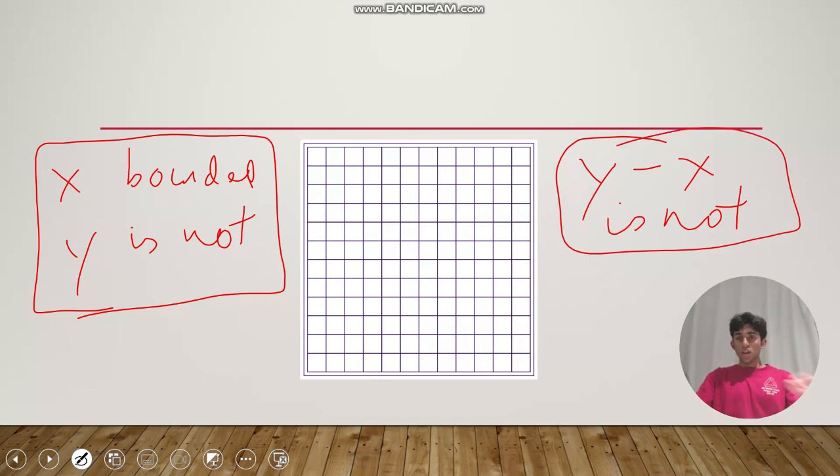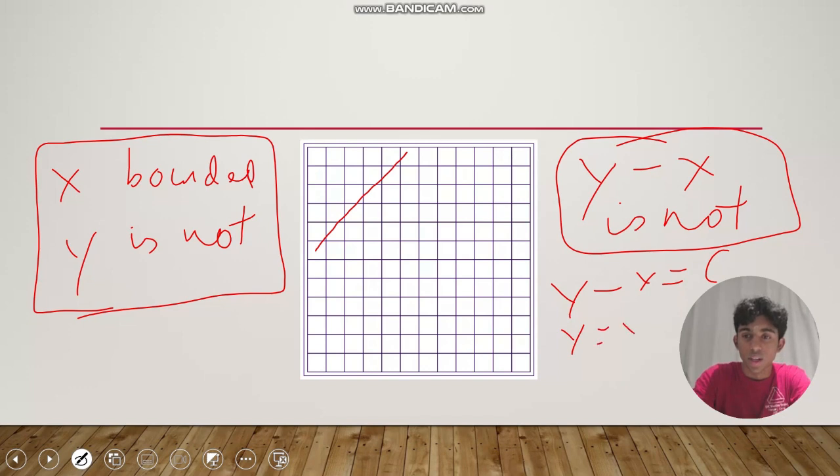And this is a really nice thing to keep track of, because when we have y minus x equals some number c, this just determines a diagonal line, because you can rearrange it to y equals x plus c, and that's something you're more familiar with. So we get a diagonal line. Brilliant.